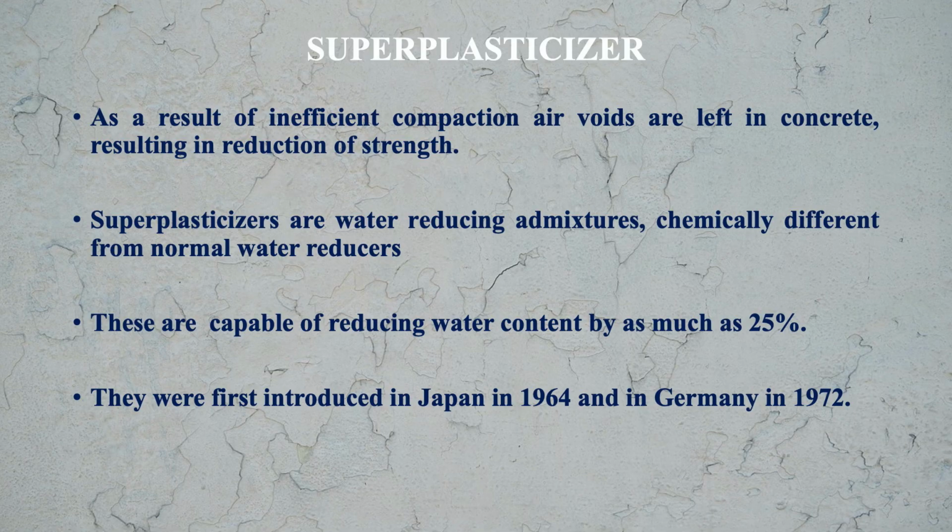These superplasticizers were first introduced in Japan in 1964 and later in Germany in 1972, and now are frequently used nowadays in concreting work where there is a problem of the increased workability of the concrete.